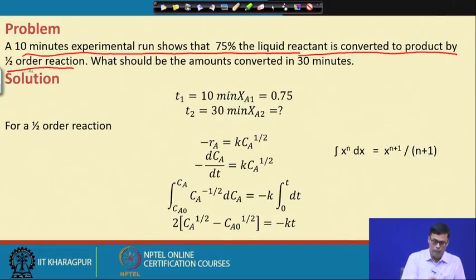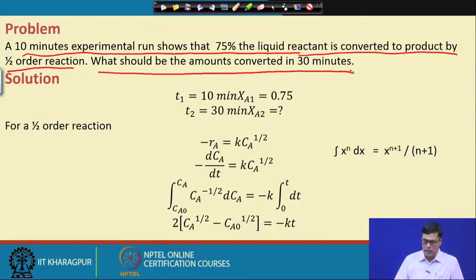But this is a half order reaction, and what will be the amount converted in 30 minutes? That we shall have to find out. In this problem, at 10 minutes the fraction converted is 0.75, and the question is after 30 minutes, how much fraction of A will be converted.